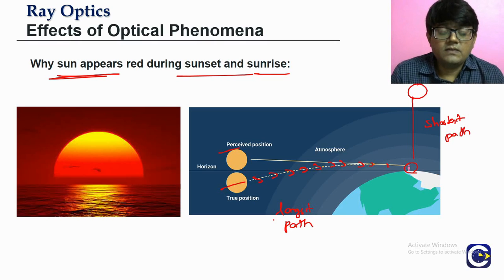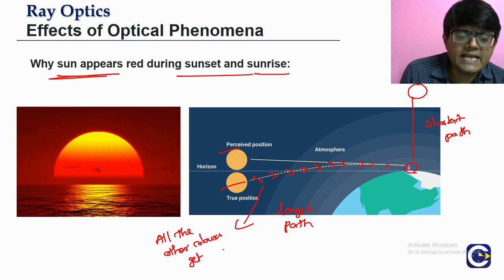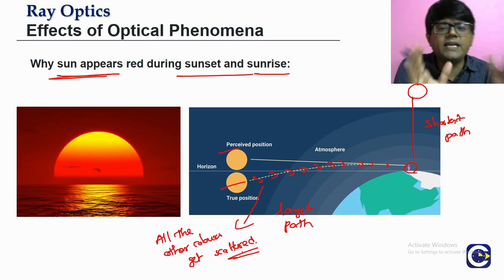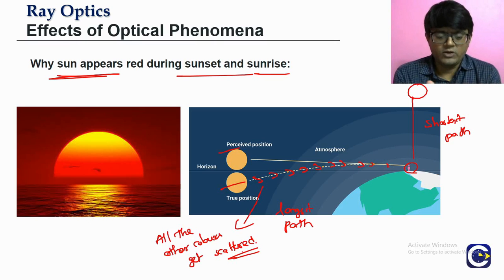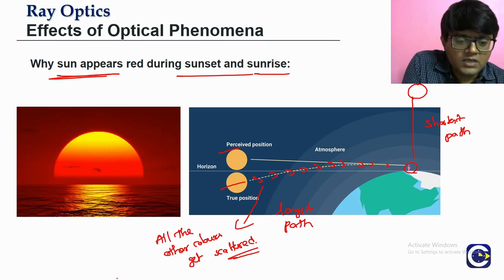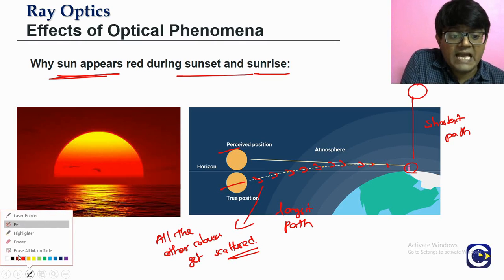So when the sun rays are traveling the longest path, predominantly all the other colors get scattered, leaving behind mainly red color, because red is the one that gets least scattered. If you have white, which is a mixture of all VIBGYOR, and all the other components are getting scattered, we'll be predominantly having what?